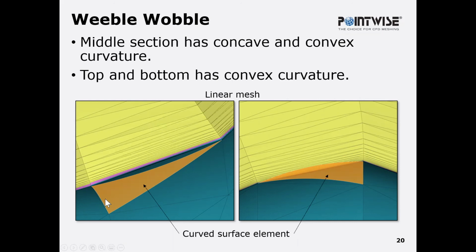So this is a linear mesh that's shown here, except the brown is the curved surface element showing the deviation in the curvature from the linear mesh to the curved mesh. And you'll see here that we've got concave and also convex edges on this cell, which makes it a little awkward.